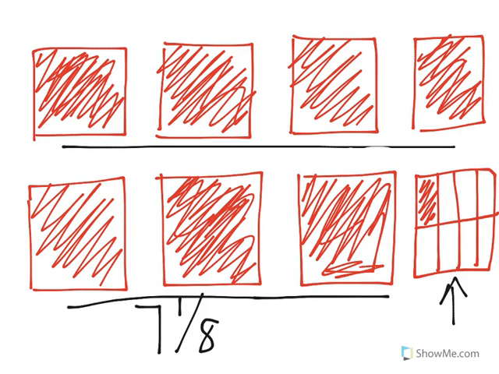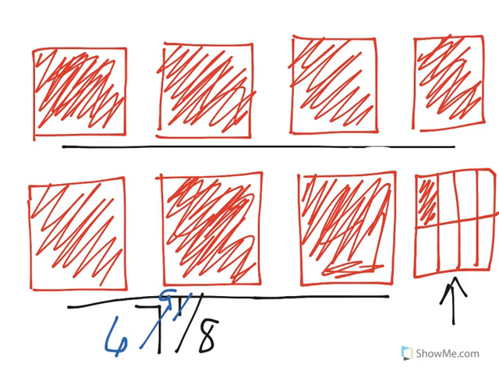Now, I couldn't subtract the 6/8 from the 1/8, so I'm going to borrow. So the 7 became 6. And then we added our numerator and denominator and we got 9.